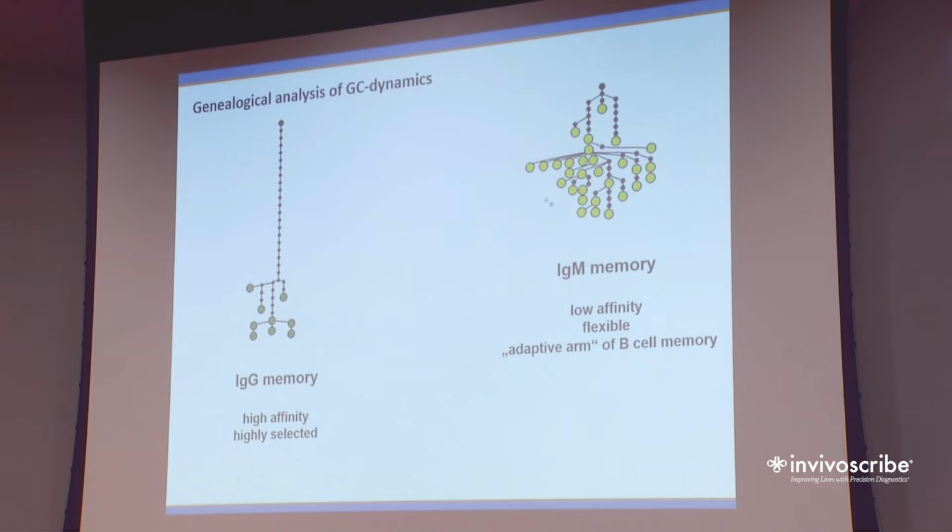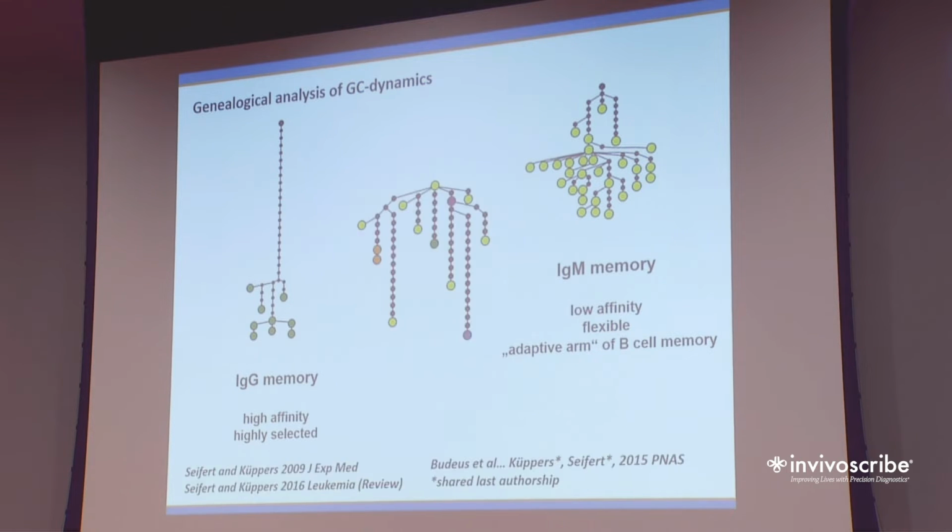The IgM memory B cells, of course, had a much more bushy shape, so rather first primary diversification, and they are low affinity and flexible, so we think they rather represent the adaptive arm of B cell memory. They are open for further mutational selection and also for further class switching to independent subsets.